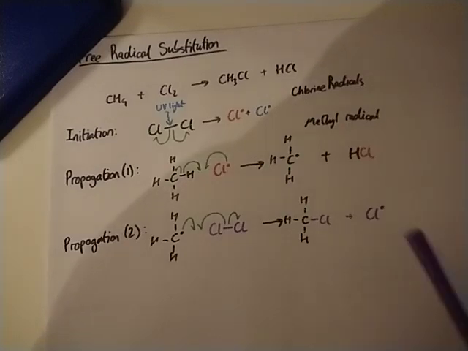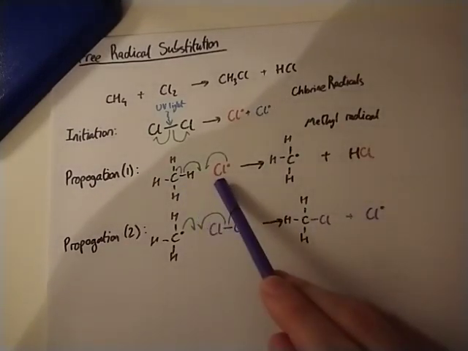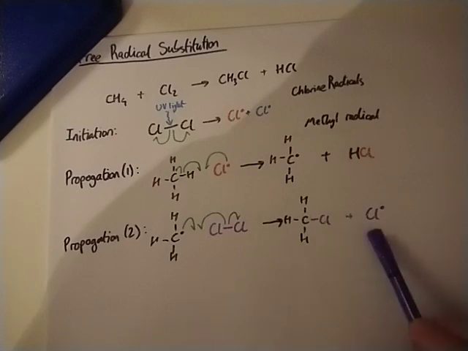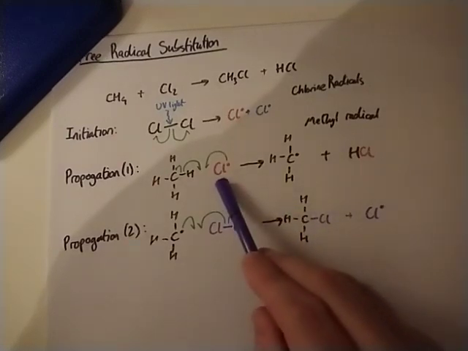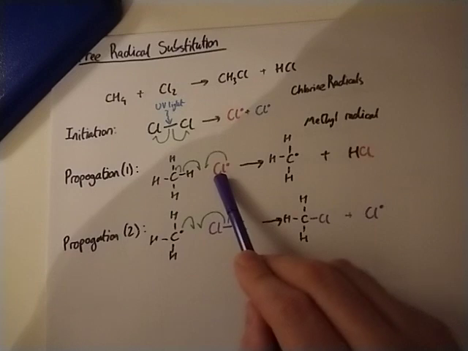So what you'll notice about this is that in step 1 we used a chlorine radical. In step 2 we made a chlorine radical. So we're using it at the start of the first step, we're making it at the end of the last step. So that chlorine radical, if it wants, can go back into this step.